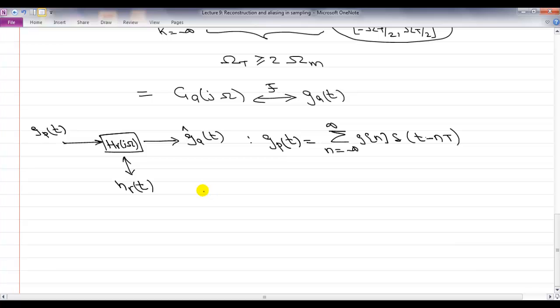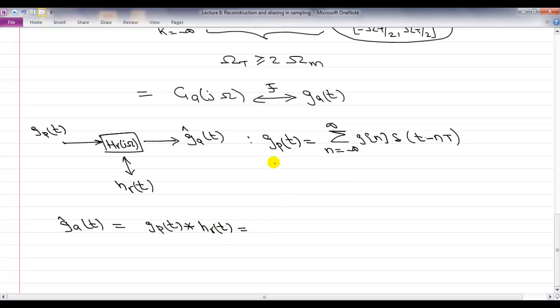Let's first ask ourselves, what does this operation look like in the time domain? If you are doing filtering through an LTI system, the time domain operation is convolution. So your G hat A of t is simply G_P of t convolved with H_R of t.